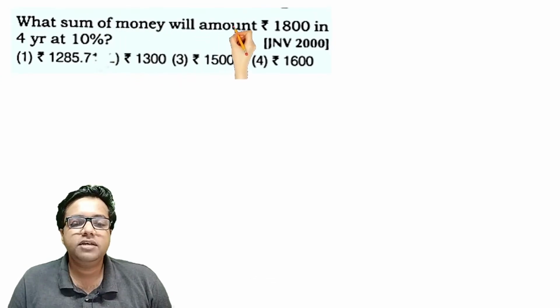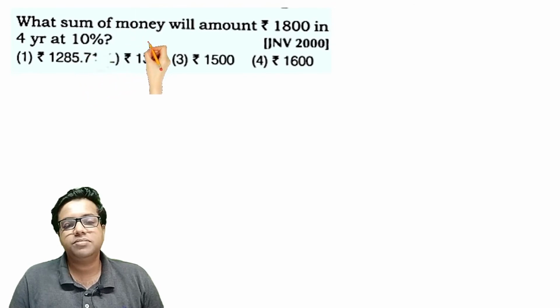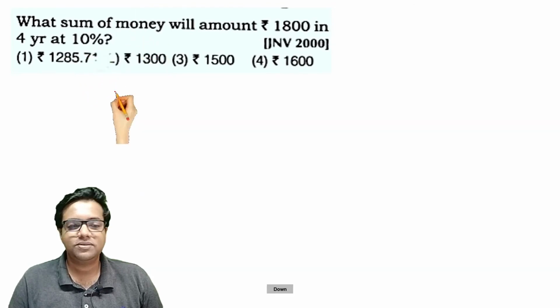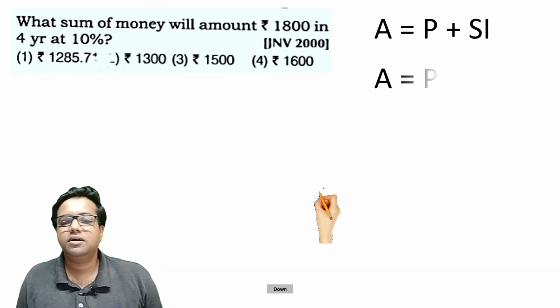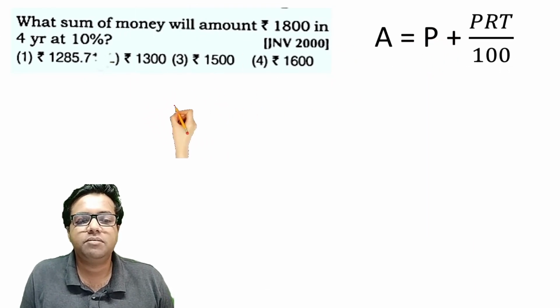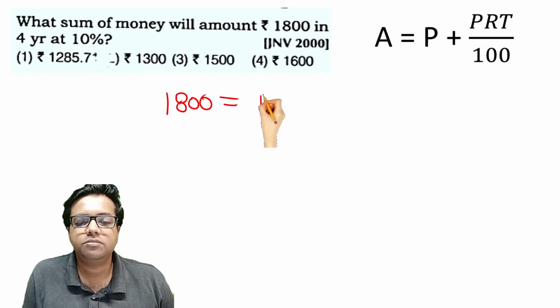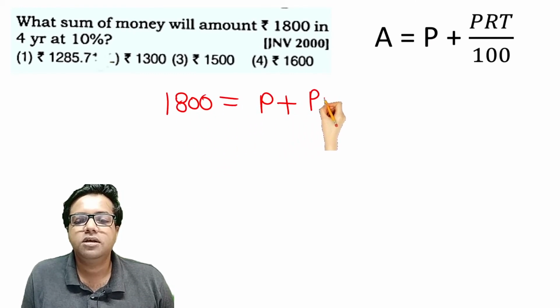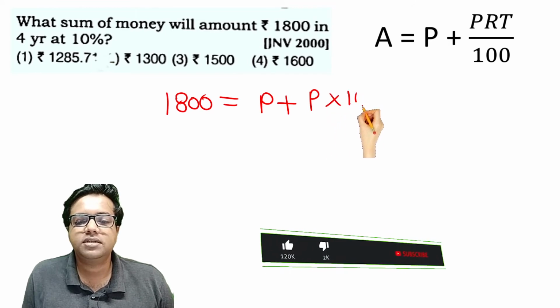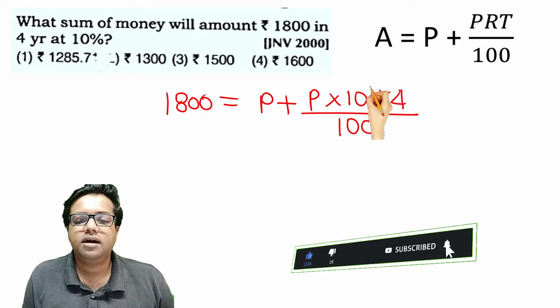What sum of money will amount to 1800 in 4 years at 10%? We know the formula, and we need to find the principal here. We are given the amount: 1800 is the amount, which will be equal to principal, which we don't know, plus principal into rate of interest 10% into 4 years divided by 100.